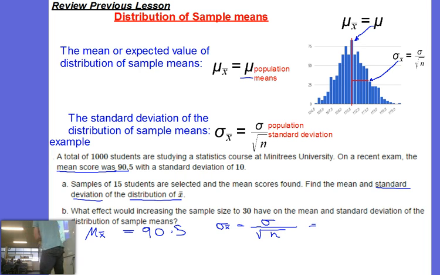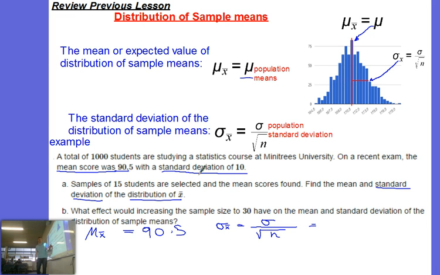Okay, so what values do we use from the information in this rule? What's going to be this value in the numerator, the population standard deviation? The 10, that's correct. That's when it refers to the standard deviation of the whole exam.